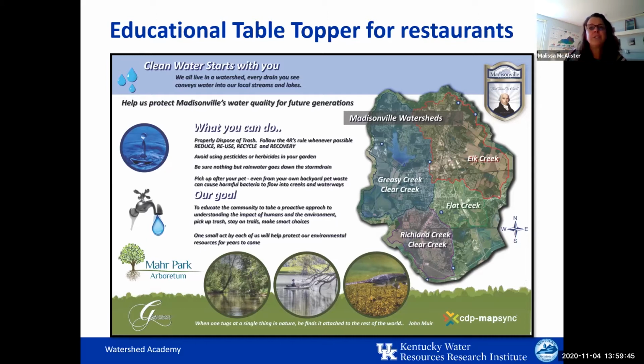They also displayed it near kayak launches and boat ramps and helped inform people about what the watershed areas were in the county. You can see on this county map, they're clearly delineated there, and provided some goals about how they want to help improve water quality in the county.